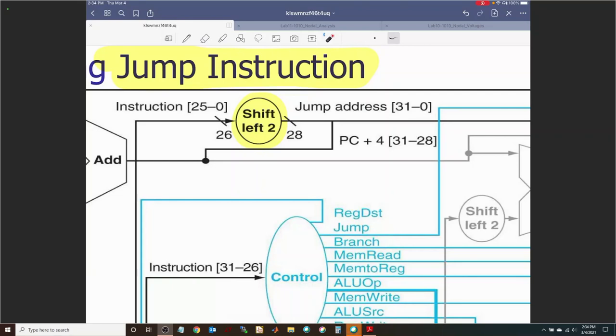So you take the 4 most significant bits (MSBs) of PC plus 4, and 28 least significant bits coming from the output of the shifter, and that's how you compute the 32-bit jump address. So this is specifically for the J instruction, the jump instruction.